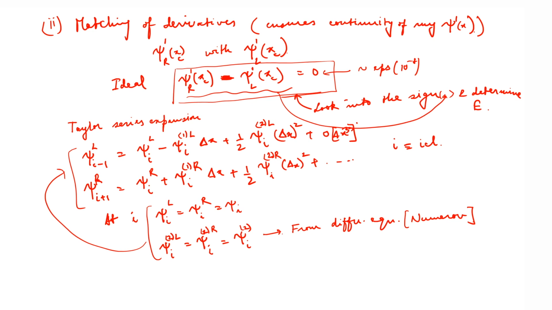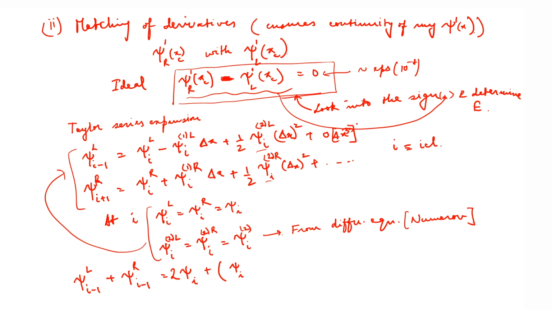Instead of psi L I and psi R I, I put psi I, since they are the same, and then if we add, what I get is the following. psi I minus 1 L plus psi I minus 1 R equals 2 psi I, both being the same and I am adding, plus psi 1 R at I minus psi 1 L at I times delta x, plus, again these two being the same, it is just twice psi I second derivative times delta x whole square.